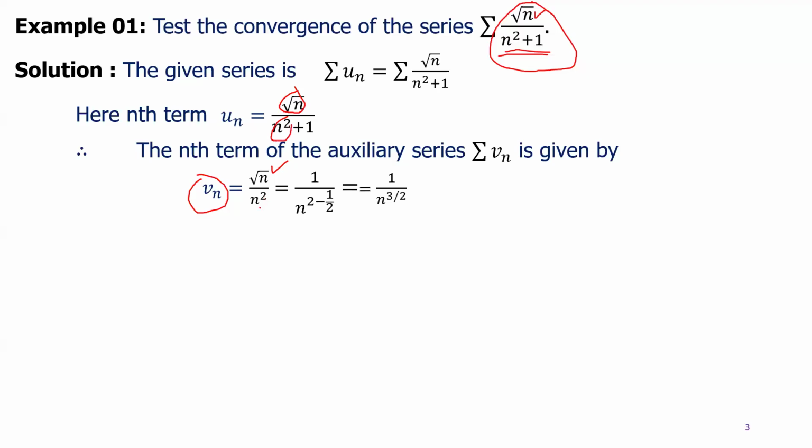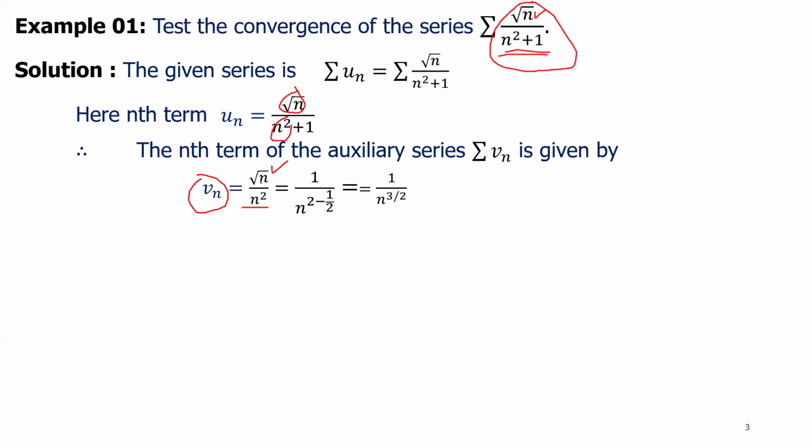So to find the auxiliary series of any given series, we only take the highest power of the variable. Here, the highest power of n in the numerator is root of n, and in the denominator it is n square. So we write root of n upon n square.